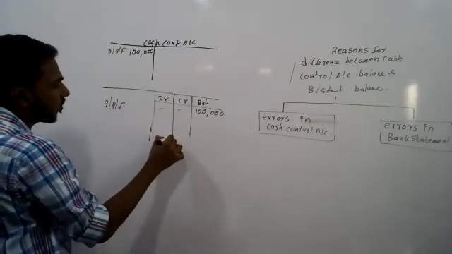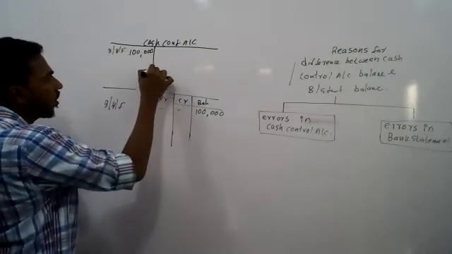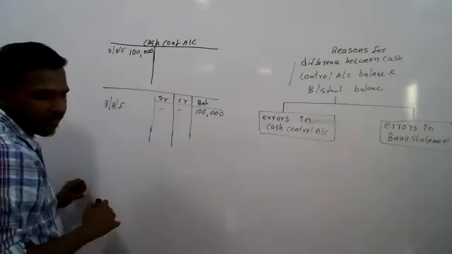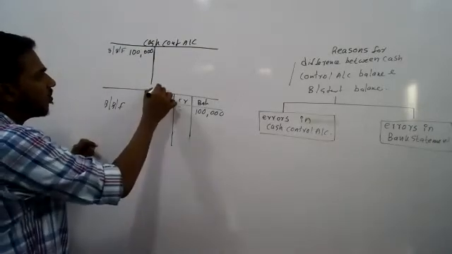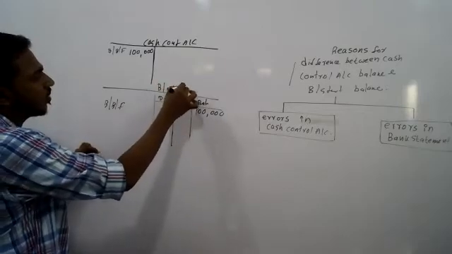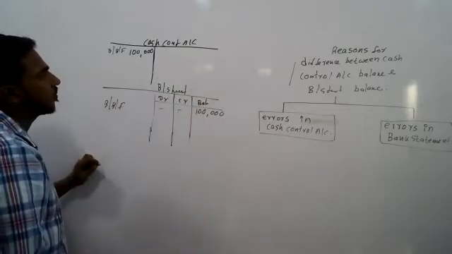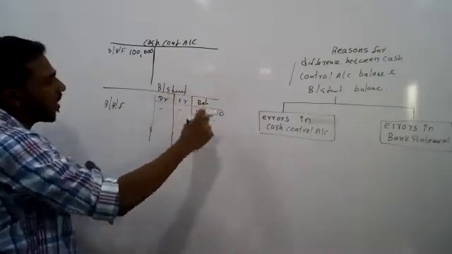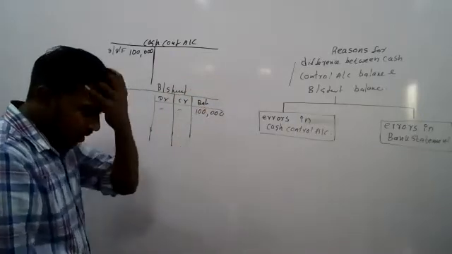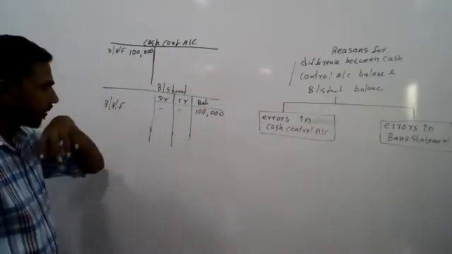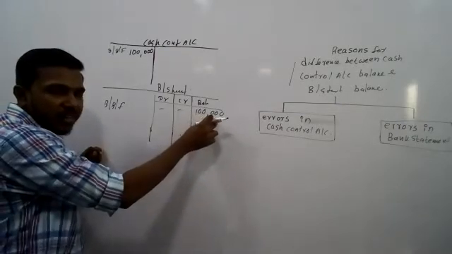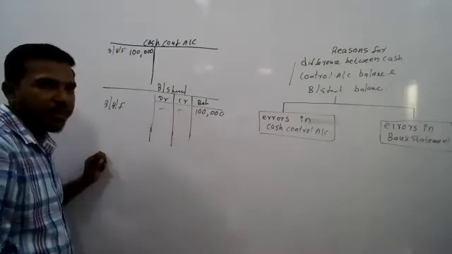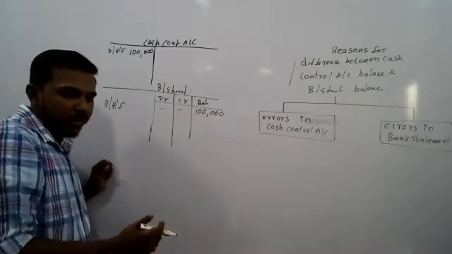So now, this is the bank statement. This is the cash control account, this is the bank. Right? Now, this is the point. Bank provides different services for you. So, this is being recorded for a current account.